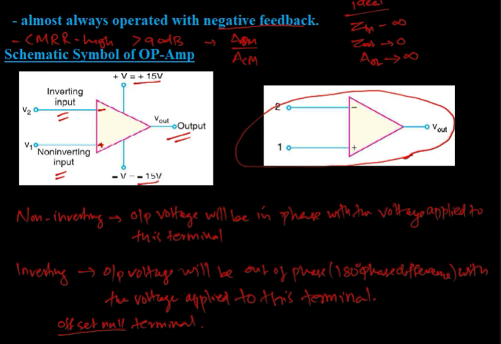So the 3 terminals which are used in the schematic symbol of an operational amplifier are the 2 input terminals and 1 output terminal. The 2 input terminals are the inverting input terminal, which is represented by the negative sign, and the non-inverting input terminal, which is represented by the positive sign, and the output. So this is the actual schematic symbol of an operational amplifier.